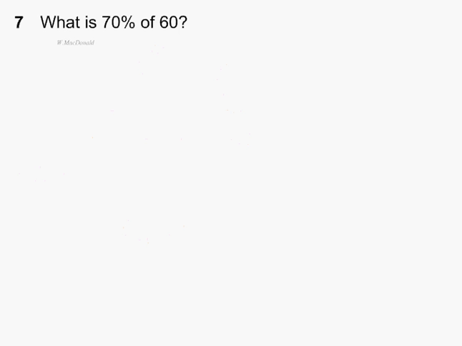Question 7 is one of your composite percentages. So there's a whole bunch of different ways to do it. How many of you found 10% and then multiplied it by 7? The easiest way to get 70% would be to find 10% and then multiply it by 7. So 10% of 60, 10% is 6, because we move our decimal one place over.